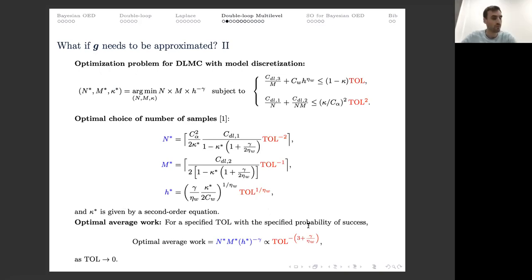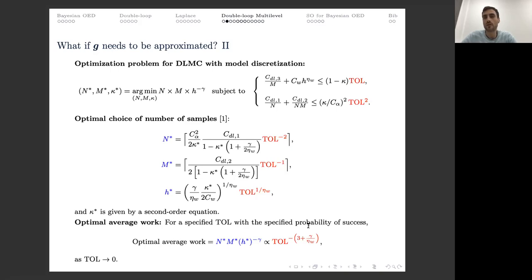For this problem, we can do basically what we did before. We try to find N and M, the optimal number of inner and outer samples, and we can do the same with kappa, which is the splitting factor between the two errors, subject to the bias constraint and the variance constraint.